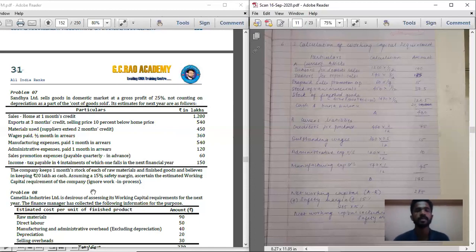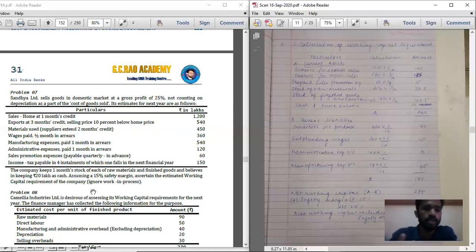Assuming a 15% safety margin on the net working capital which we are finding using current assets minus current liabilities, we add the safety margin to get the actual net working capital to be maintained. Ascertain the estimated working capital requirement of the company. Ignore work in progress. One good thing in this problem is there is no requirement of work in progress, so we can calculate only raw material and finished goods stock.